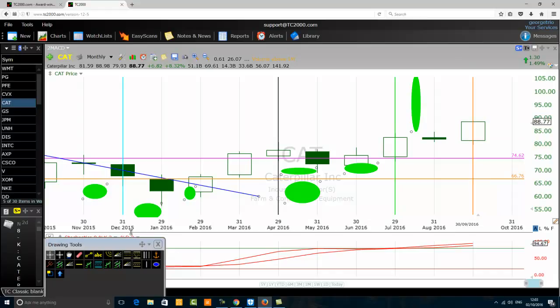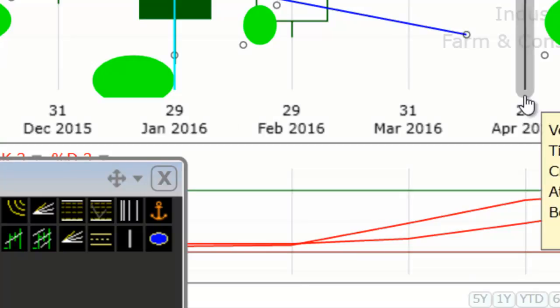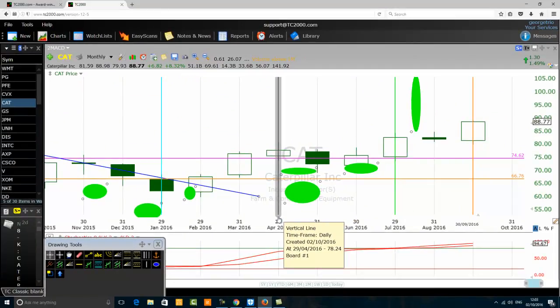So far this year in 2016, we have the first quarterly candlestick bar formed from January to the end of March. The second quarterly candle is formed from April to the end of June, right here.